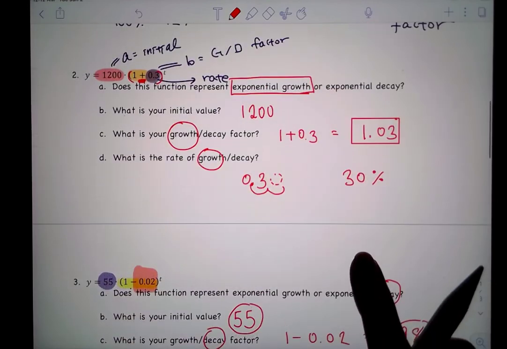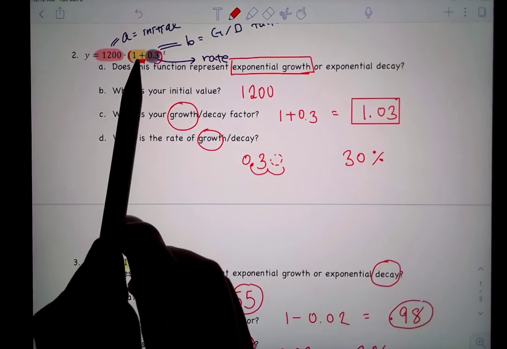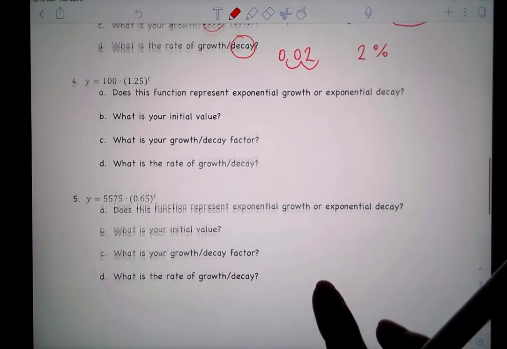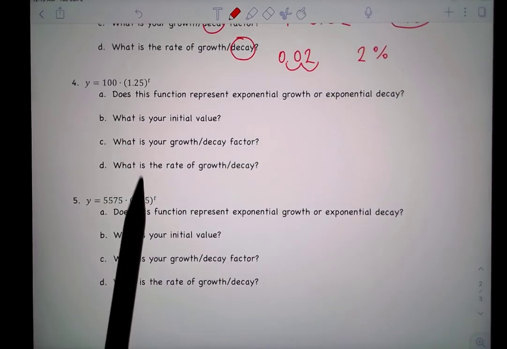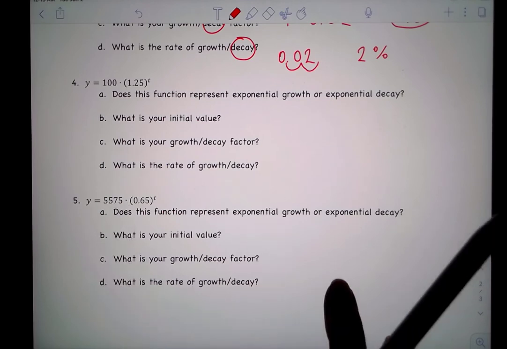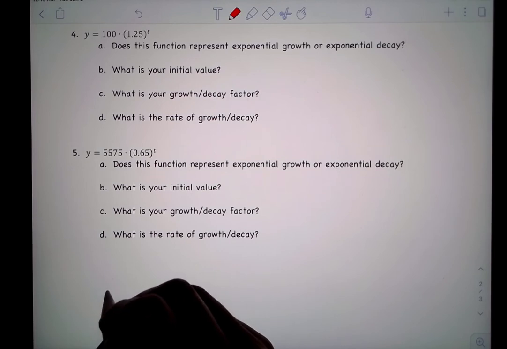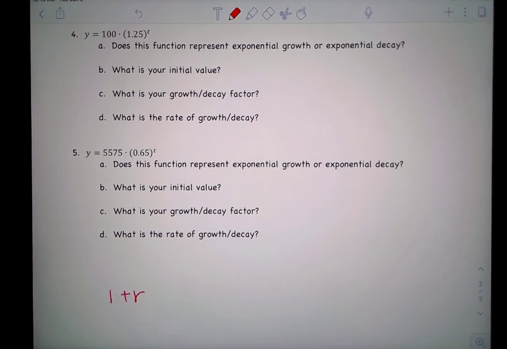And you know what? For number 2 and 3, I showed you plus and minus, right? But now 4, 5, they didn't have plus minus, but we will get it. So guys, before we do these 2 questions, think about it. 1 plus r, then this number is supposed to be greater than 1, right?